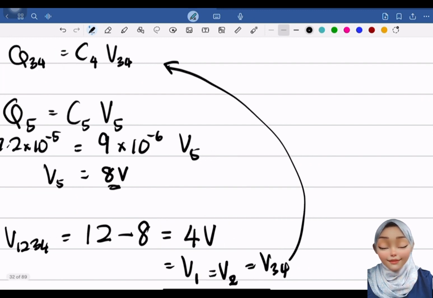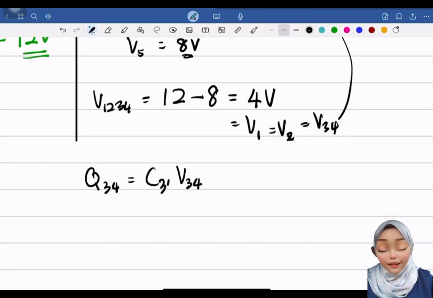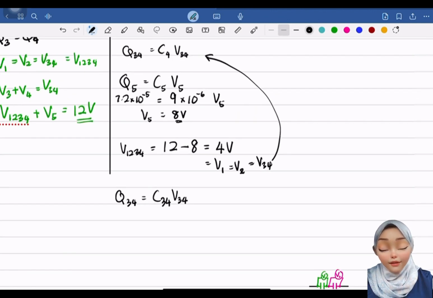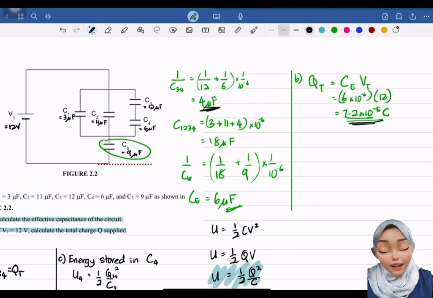Okay, jom kita cuba. Q34 sama dengan C4 kali dengan V34. Oops, sorry. Ini bukan C4 tapi C34. Kena combine C34. Okay, so C34 kita mana? Kita ada cari hari tu.